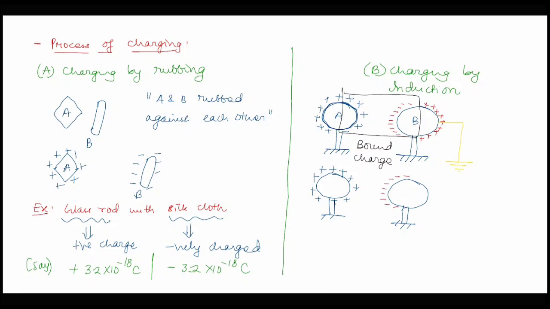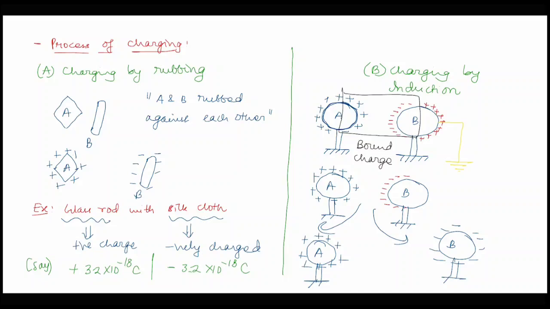Now if we separate the two spheres, taking them far away from each other, the charge on B will get equally distributed all over it, and B will become negatively charged, whereas A will remain positively charged with no effect on its charge whatsoever. So the charge on A remains invariant, whereas B becomes negatively charged because of the presence of A near it. This process is regarded as charging by induction.